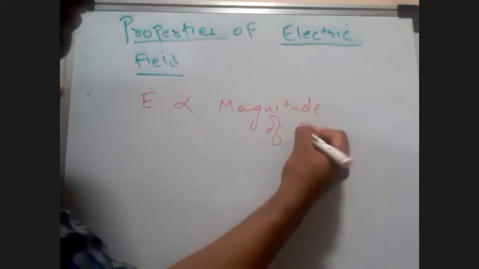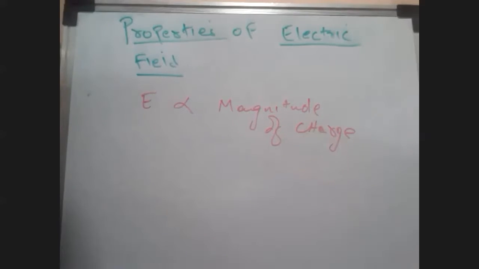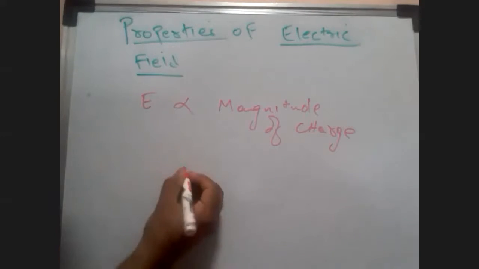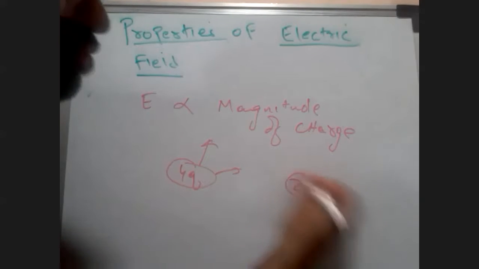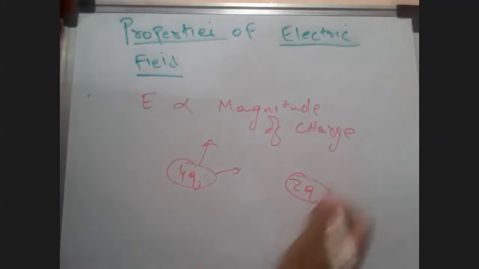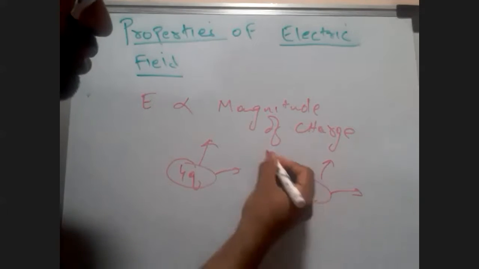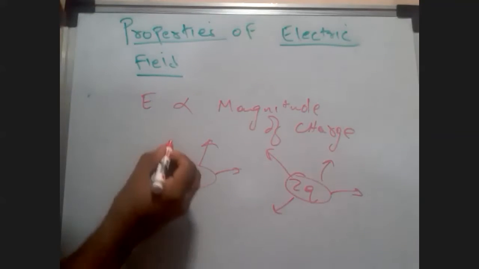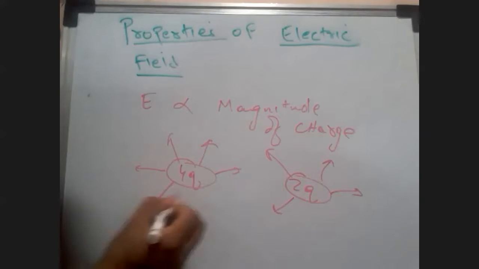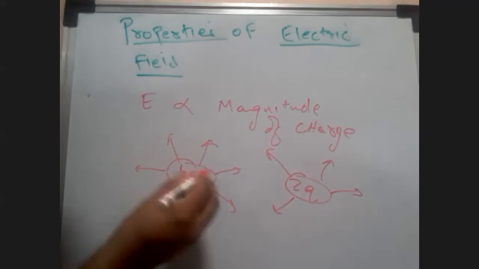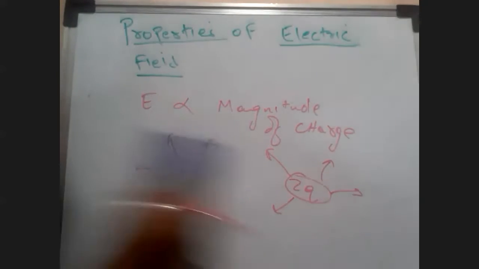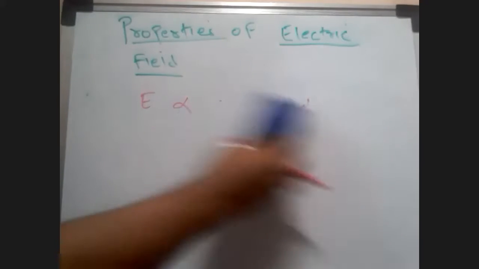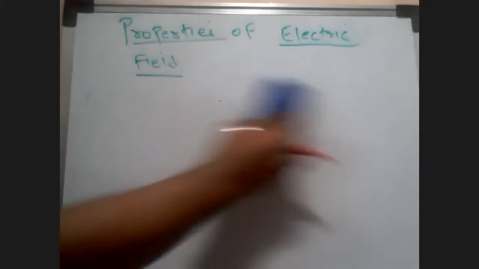If a positive charge 4q has 8 electric field lines emerging out of it, how much will a 2q have? 4. Okay. So these are some of the properties of electric field lines.